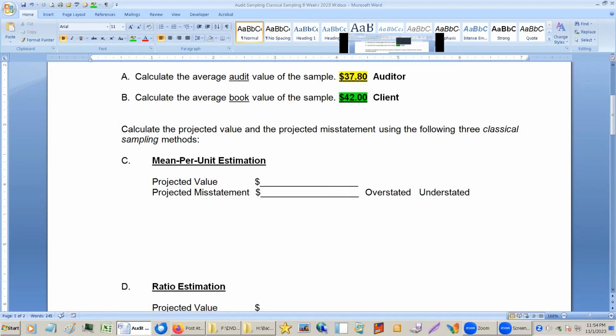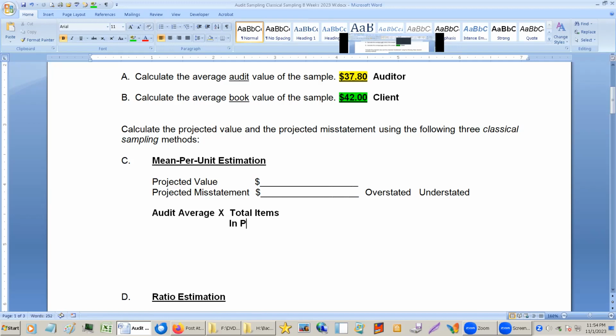So what we're going to do is take the audit average times the total number of items, not in the sample, in the population. And that will equal our projected value.